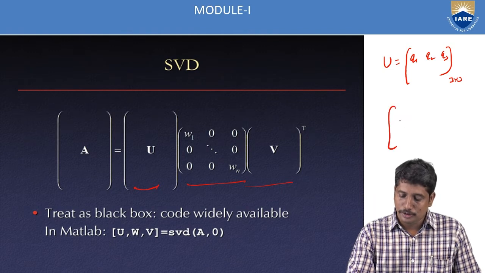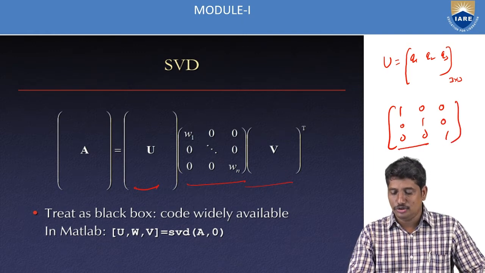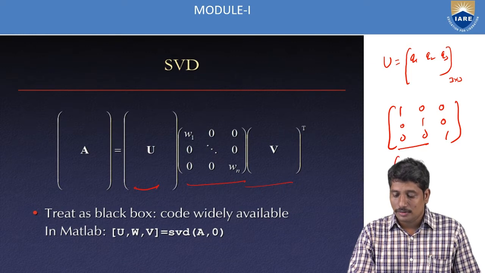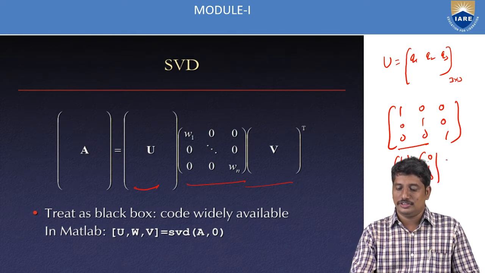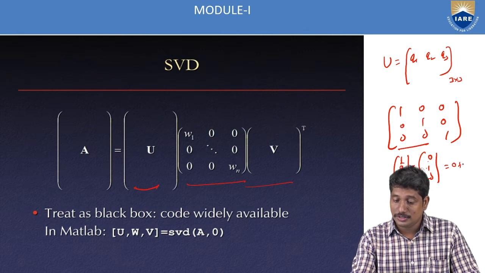I'm going to take this matrix 1 0 0, 0 1 0, 0 0 1, which is well known to us. If you take the dot product between the vectors 1 0 0 and 0 1 0, what is it? First into first, A1 A2 plus B1 B2 plus C1 C2, that means 0 plus 0 plus 0.